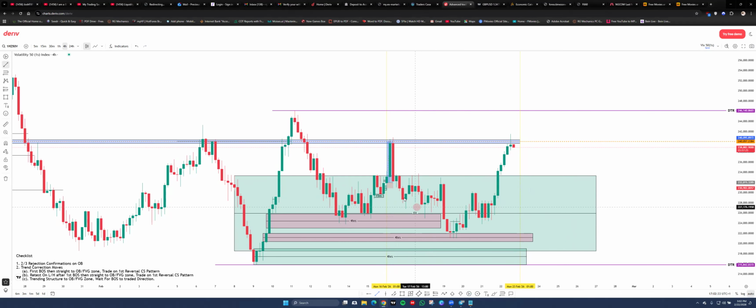It did this, created this low, broke the low, created this low, broke the low, created another low, broke it. So you see, it formed a low, broke it, formed a low, broke it.